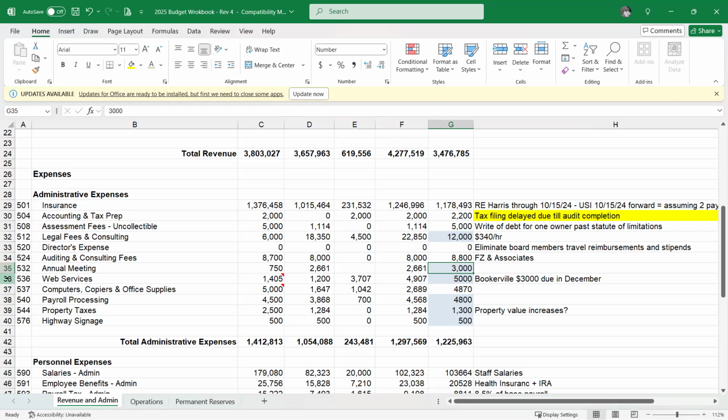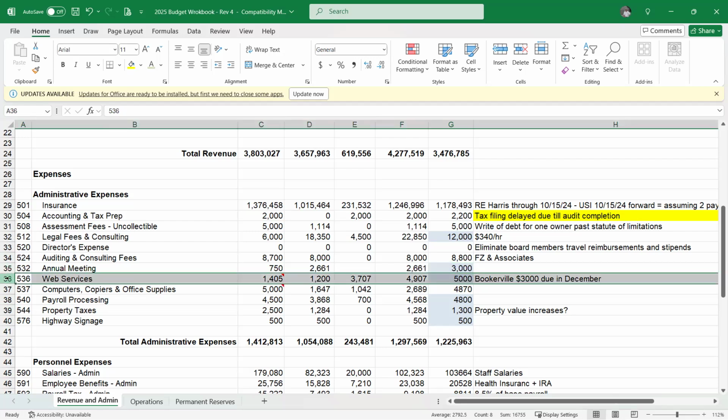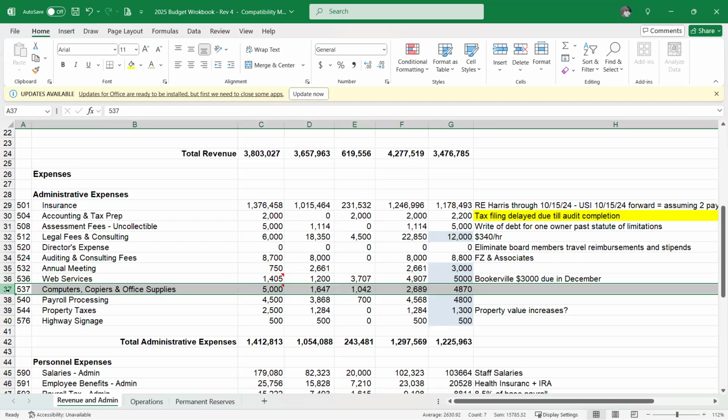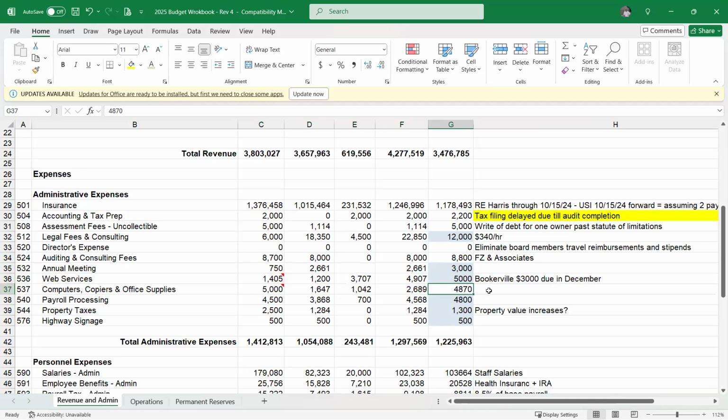Yep. All right, okay, we talked about web services, computers, copiers and office supplies. I know this ran under budget, but I left it at a number closer to, well, wait a minute, somebody gave me that number.